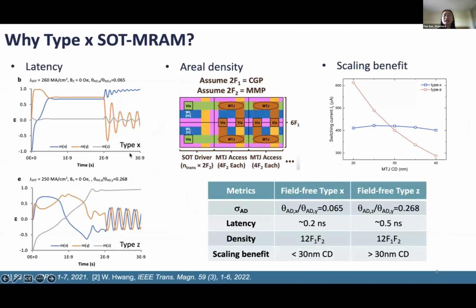Here is why we do type X SOT rather than type Z SOT MRAM. I will explain that in four metrics. The first is the unconventional spin efficiency.